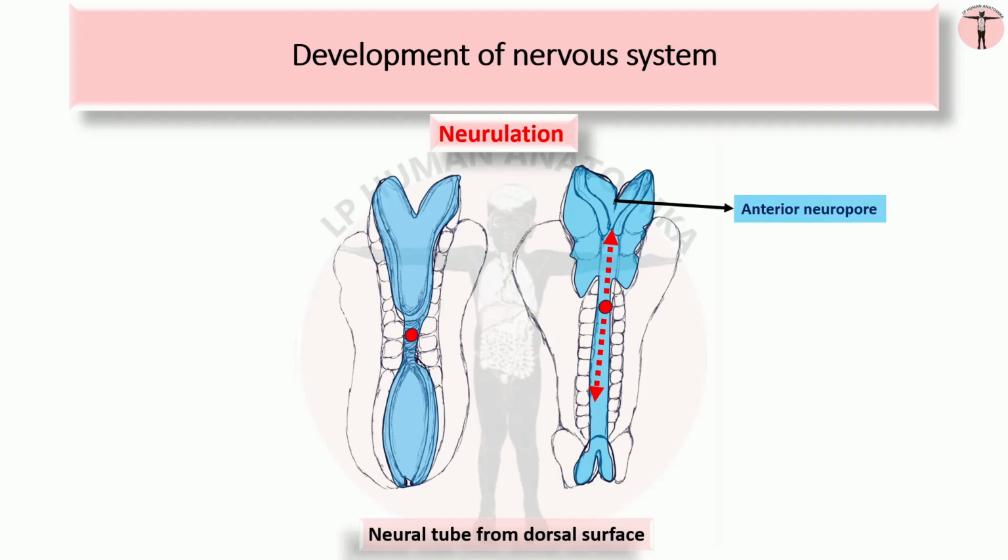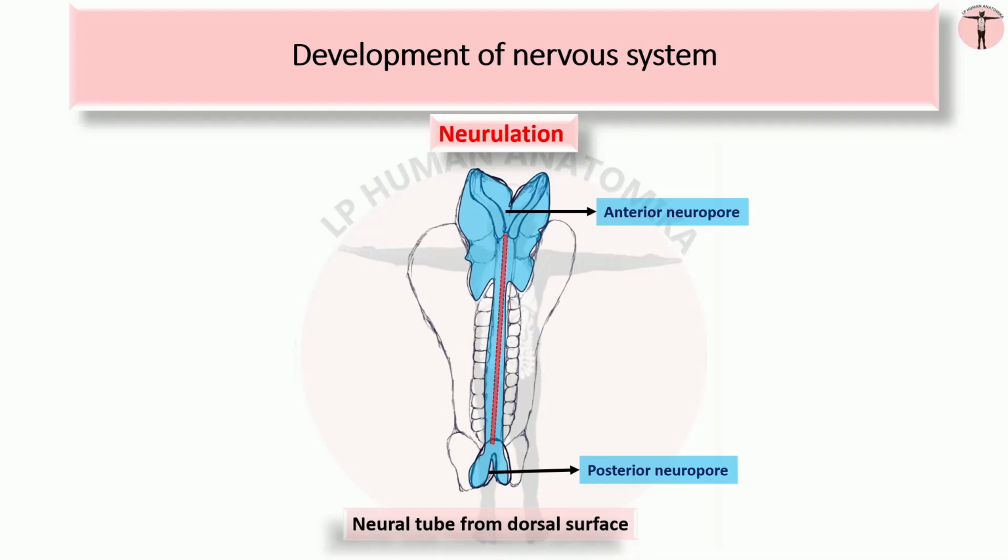The cranial opening is called the anterior or cranial or rostral neuropore, and the caudal opening is called posterior or caudal neuropore. The anterior neuropore closes on day 25 and the posterior neuropore closes on day 27.